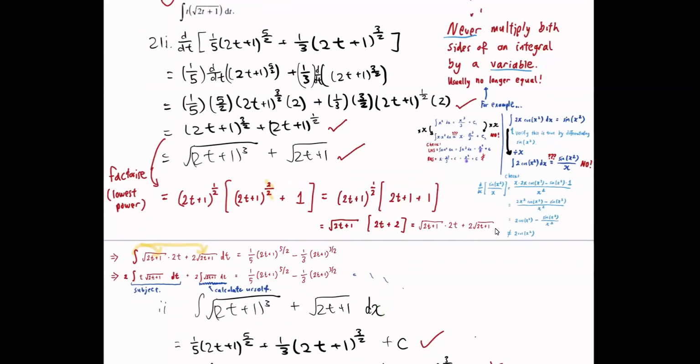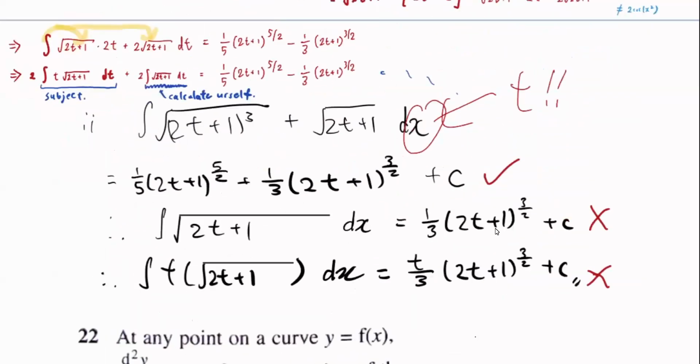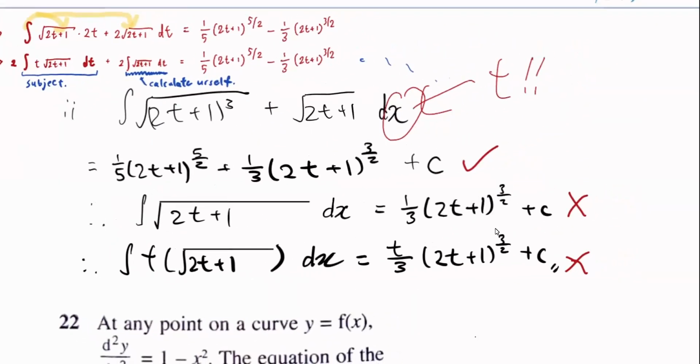That's the first mistake. What other mistake did you make? When you try to integrate this, this is correct. However, what you did next was not so correct. What were you doing over here?